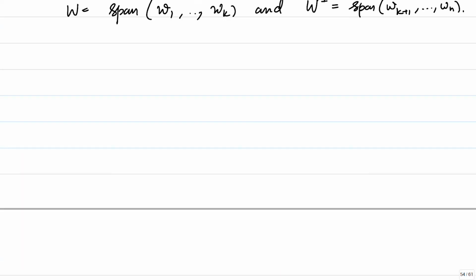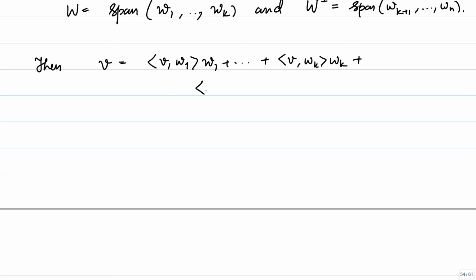And the good thing about orthonormal vectors is that then v is the inner product of v with W1 times W1, plus up to the inner product of v with Wk times Wk, plus the inner product of v with Wk plus 1 times Wk plus 1, plus up to the inner product of v with Wn times Wn. So let's do one thing.